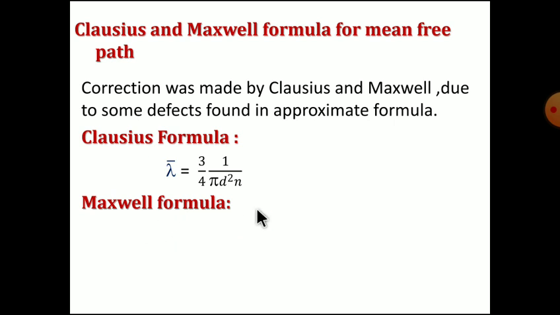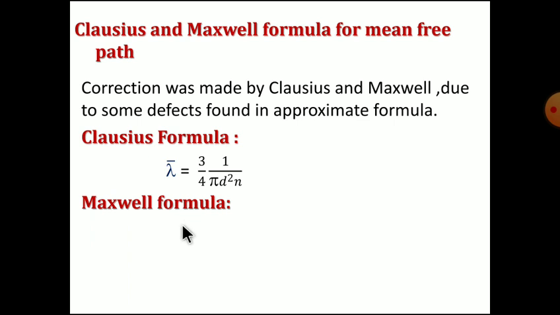Maxwell's formula for mean free path is derived from the Clausius formula, and Maxwell proved that all gas molecules are moving in all possible directions but with different velocities. Clausius assumed that all gas molecules move in all possible directions with the same velocity, but here all gas molecules are moving with different velocities. Therefore, the velocity of the gas molecules is distributed according to the Maxwell-Boltzmann distribution law.